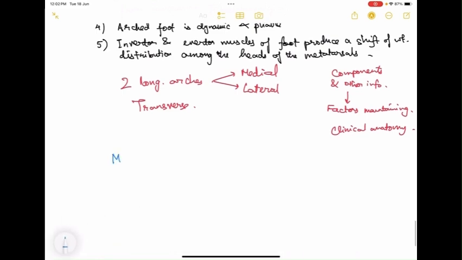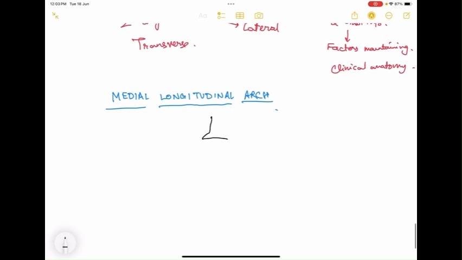First is the medial longitudinal arch. Wonderful. Let's first of all draw this. You don't need to be much particular about the ligaments in this case. It's just that the bones must be clearly marked.